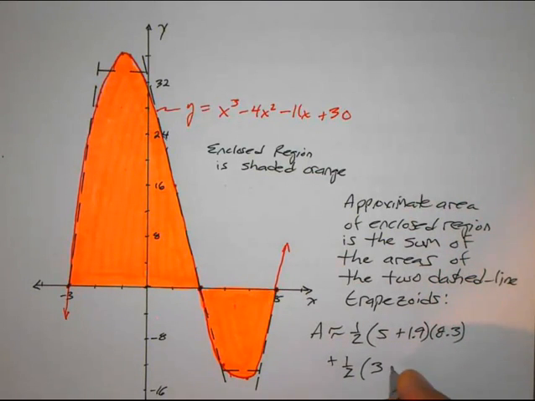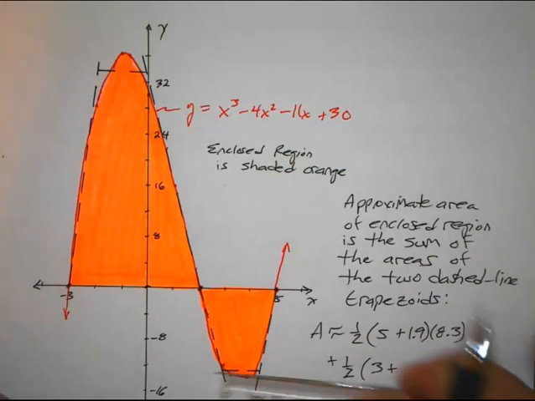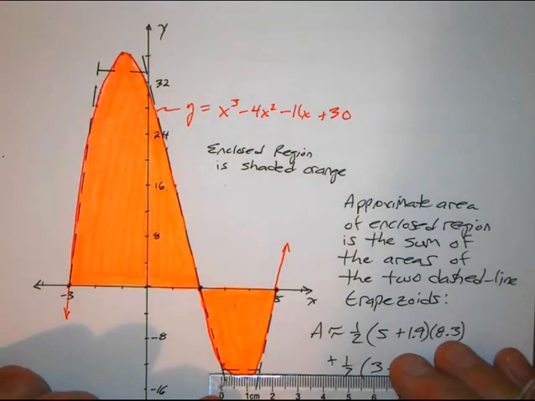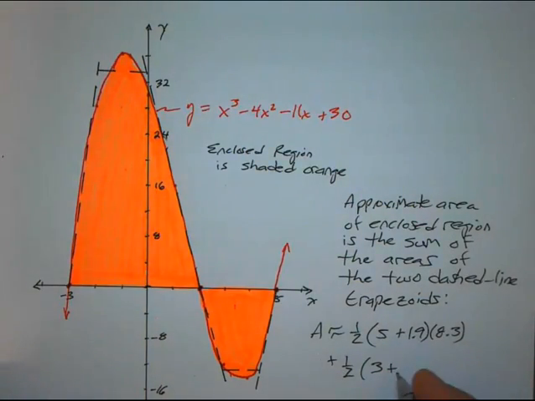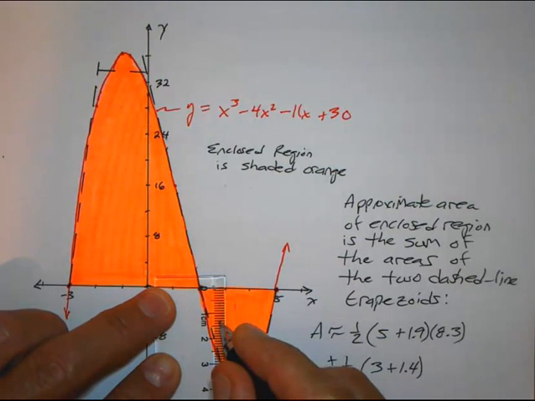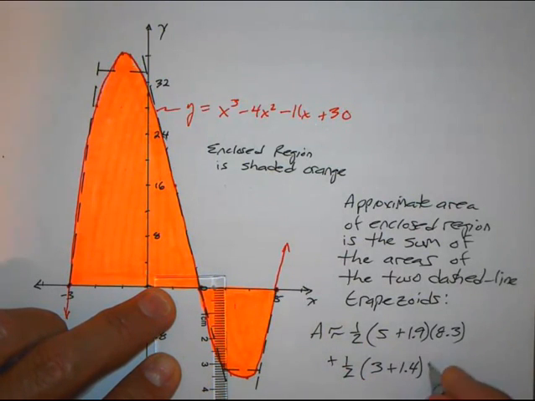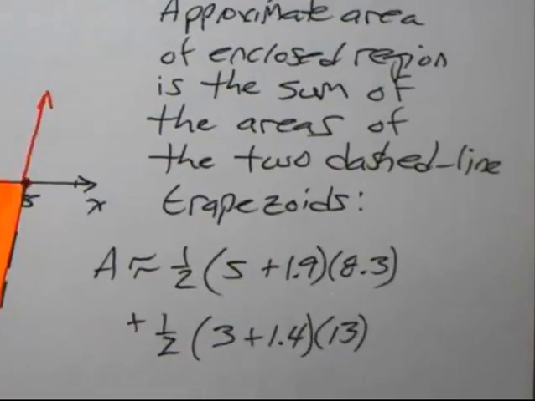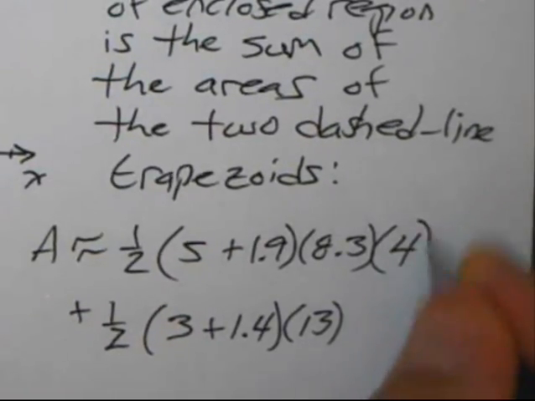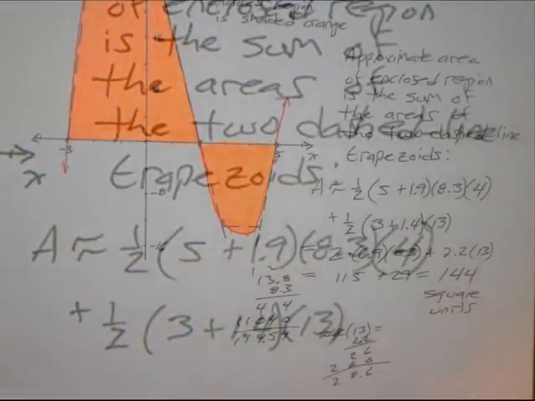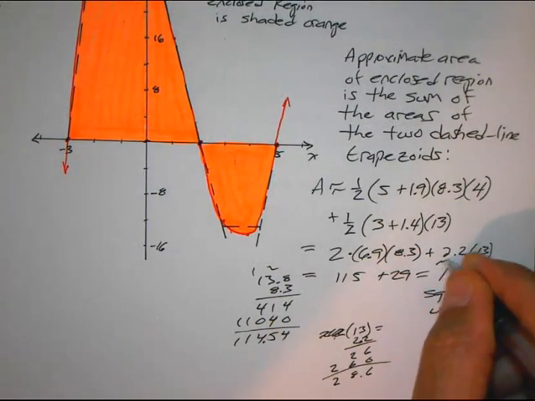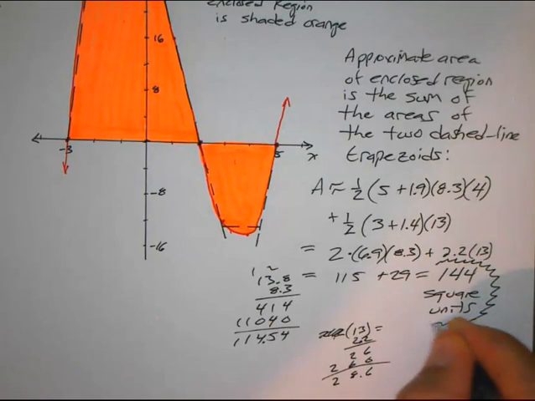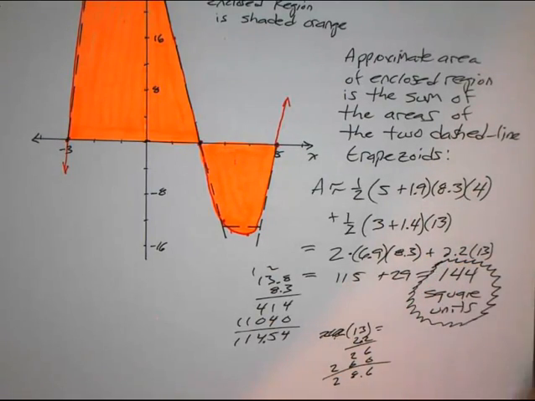However, when I come to measure the height for the other trapezoid, it occurs to me that I have made a mistake there, and I am able to compensate, or fix it rather, by multiplying by 4, which converts the 8.3 centimeters into units in the y direction. Now it's just arithmetic to finish it out. There we are. Got 144 square units for the graphic approximation.